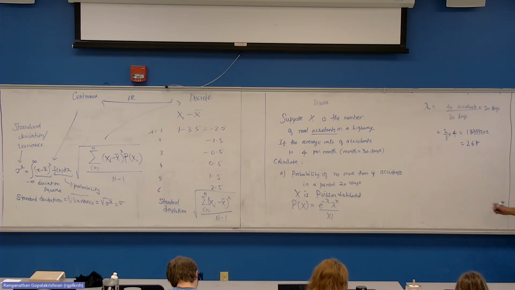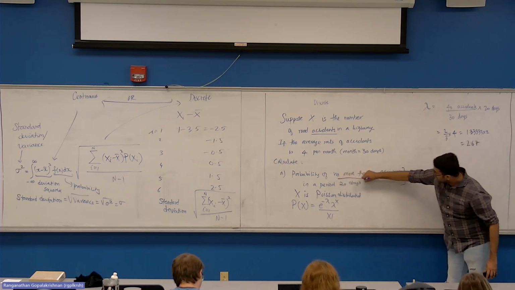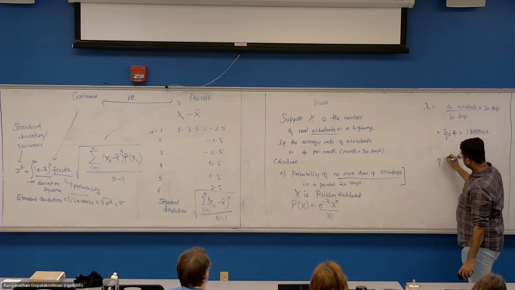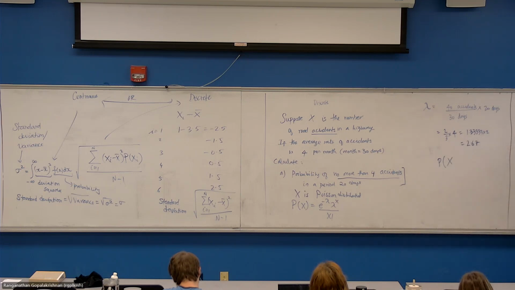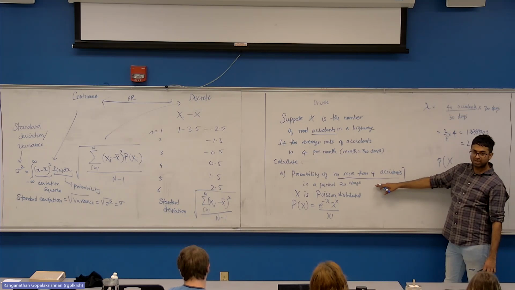So how will you convert this statement into a probability? That's the first question. If x is the number of accidents, how will you translate this into P of x? What is no more than 4? How do you translate it? No more than 4 means x cannot take a value more than 4. Maximum possible is 4.